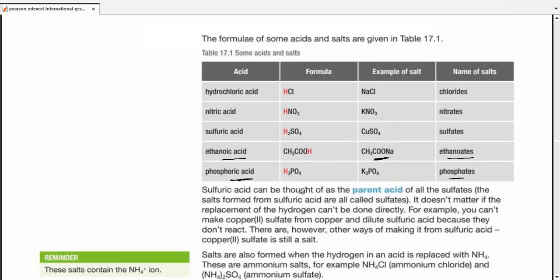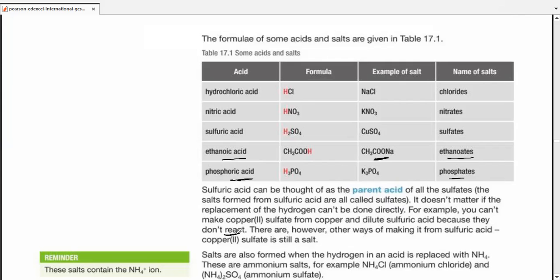All of these acids can be thought of as parent acids. Sulfuric acid is the parent acid of all the sulfates. So is hydrochloric acid for all the chlorides. The salts formed from sulfuric acid are all called sulfates. It doesn't matter if the replacement of hydrogen can't be done directly. For example, you can't make copper(II) sulfate from copper and dilute sulfuric acid because they don't react.